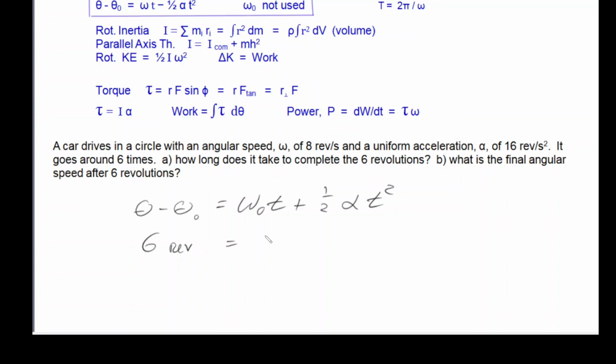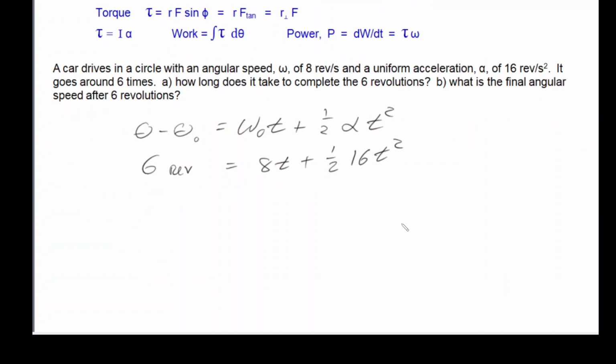That is equal to omega 0, which is 8 revolutions per second, times t plus 1/2 times the acceleration, 16 revolutions per second squared, times t squared. So if we bring the 6 over to the right side, we get 8t squared plus 8t minus 6 equals 0. And guess what? That's a quadratic equation, and we know how to solve those.